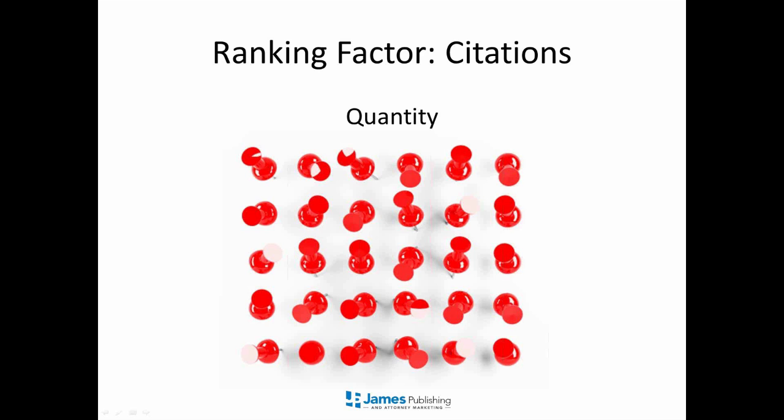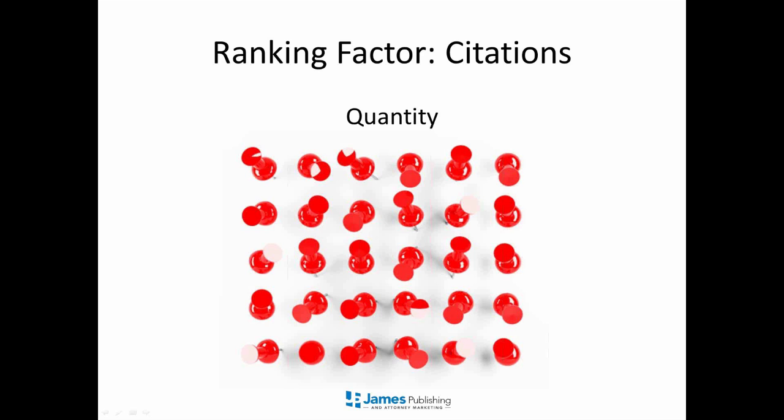And just a side note, you want to include a suite number when applicable. I know a lot of attorneys work in suites in larger office buildings. And it's important that if you do work in a suite, you include it in your Google local profile and everywhere else you put it on the internet, because it makes Google more certain of where exactly you are.